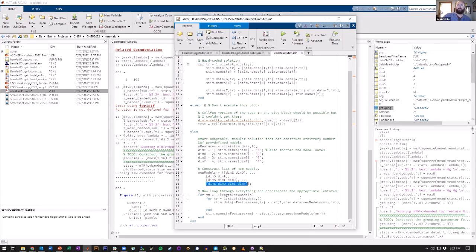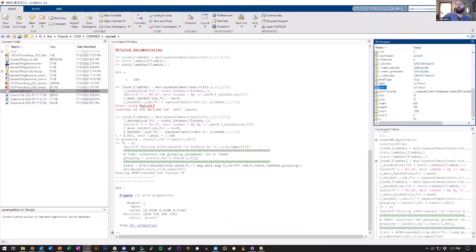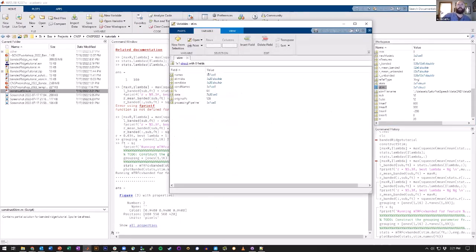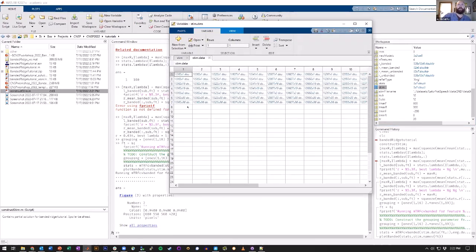And what that will do is in your stem variable, you will have an 8th one, and it will be 37, right?